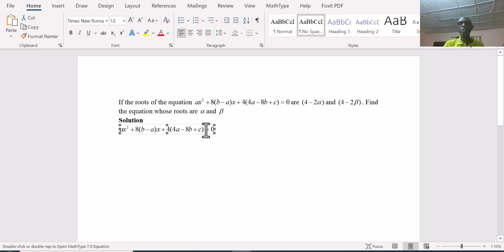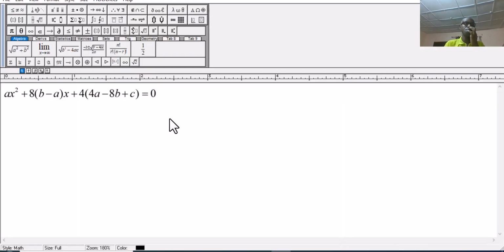So let's see how to go about solving this question. The first thing we need to do is this is the question we are given.